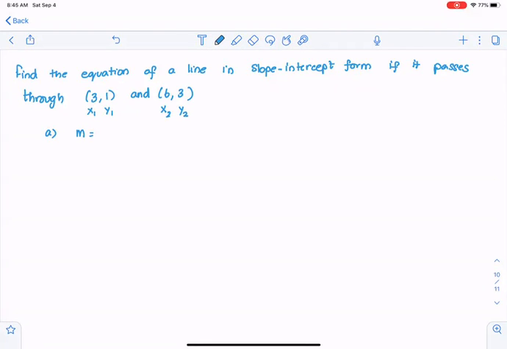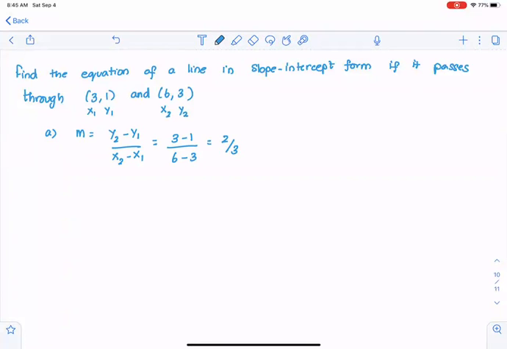So this slope m would be y2 minus y1 divided by x2 minus x1, 3 minus 1 divided by 6 minus 3. So we would end up getting 2 over 3 for this slope.